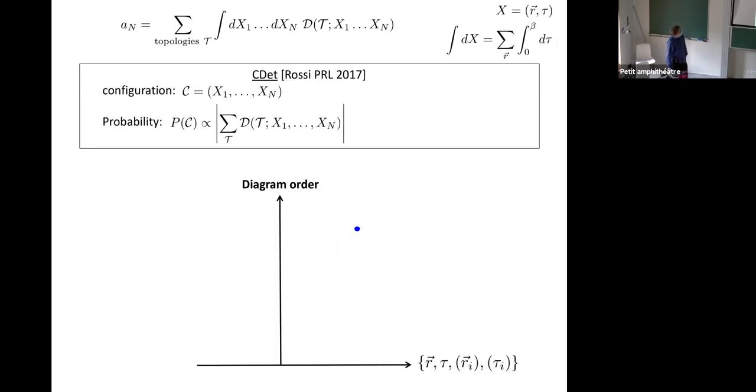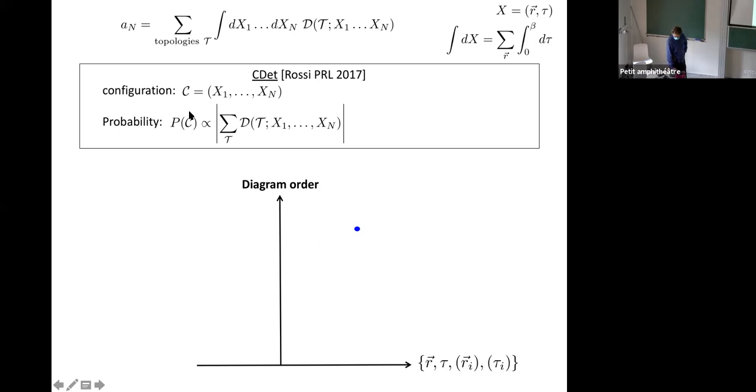Now, there was a second approach, which was introduced more recently by Riccardo Rossi in 2017. And this technique, which we call CDet, is far superior to the conventional diagrammatic Monte Carlo. And the reason is that the configuration is defined differently.